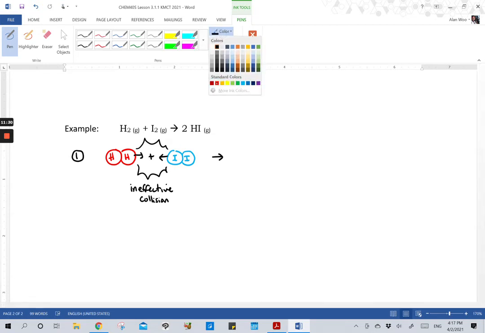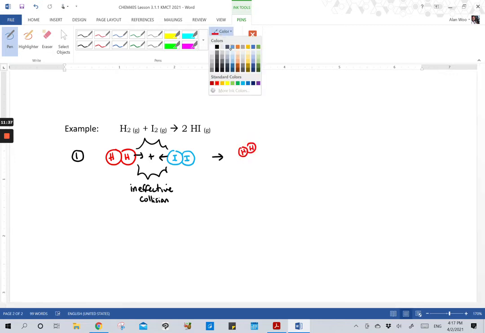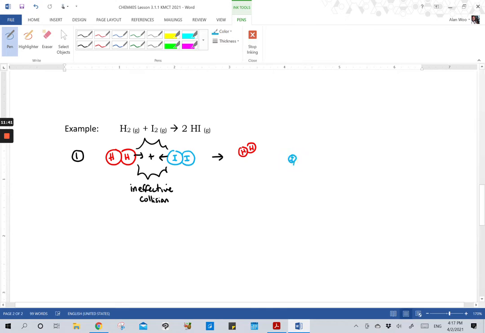They basically bounce off each other and they still remain separated. They go their own way, so no bonds form or break. Essentially, no reaction.